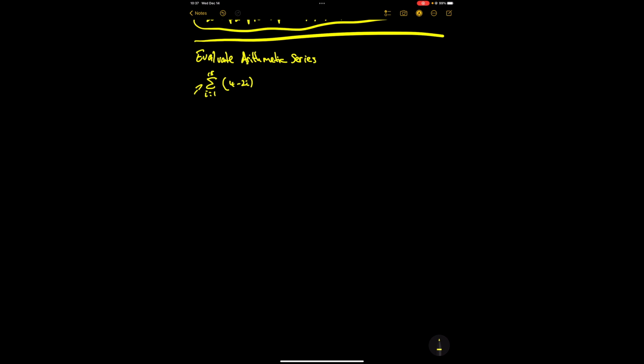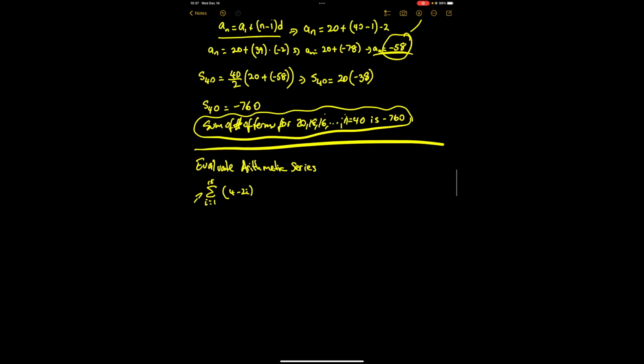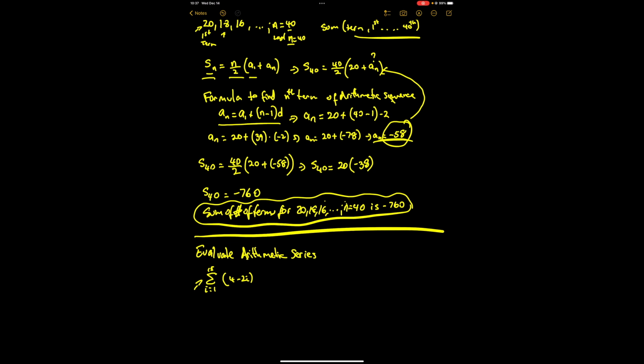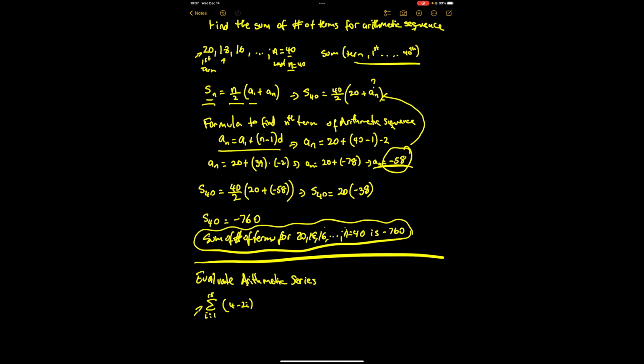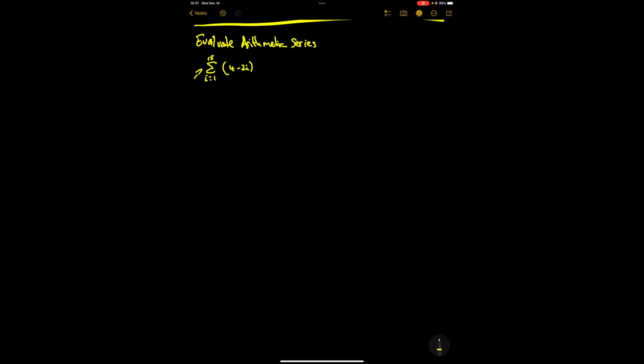When we did this right here, we were given the first term and we were given the number of terms. On this one, they only tell you you're going to start at 1 and finish at 15, but you don't know the value of the first term, you don't know the value of the last term. So for the series, you need to find the value of the first term and the value of the last term.